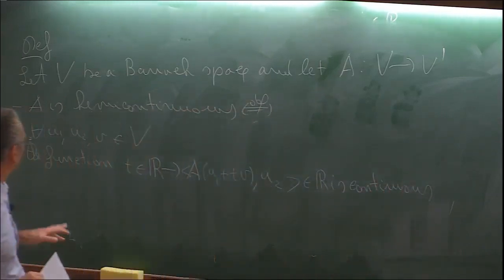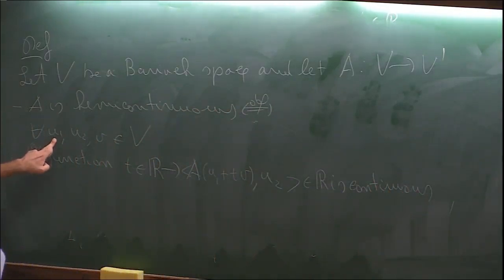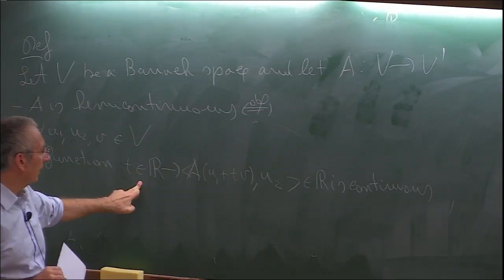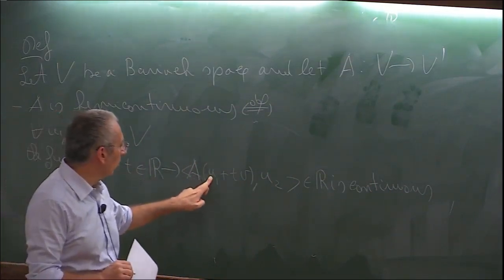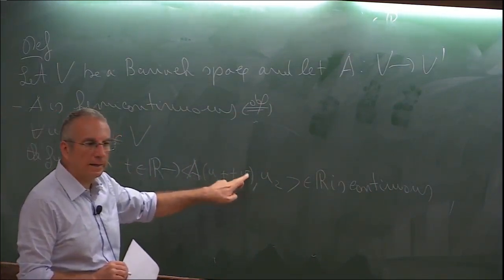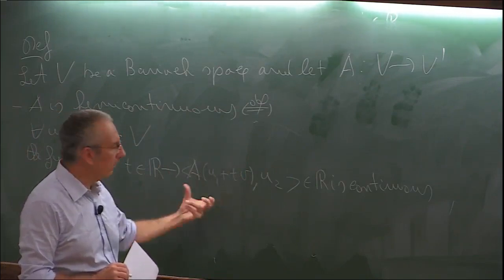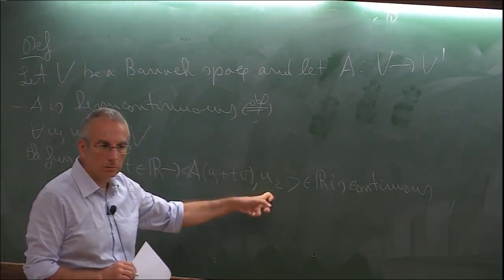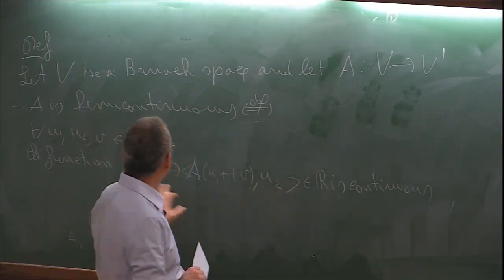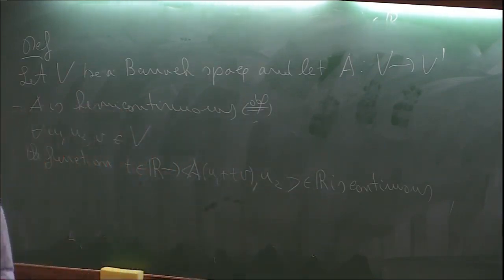What does this mean? For every fixed u1, u2, and v, you consider this application t in R, which assigns A of u1 plus t v, an element of V prime. You compute it on u2, and you have a real number. This function, you ask that it is continuous.